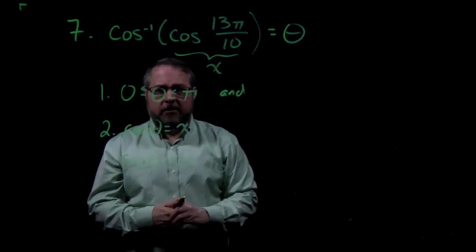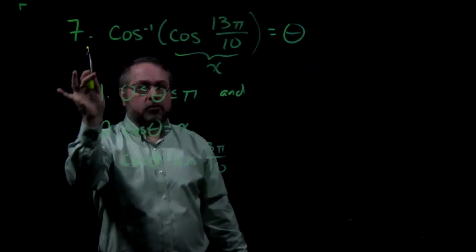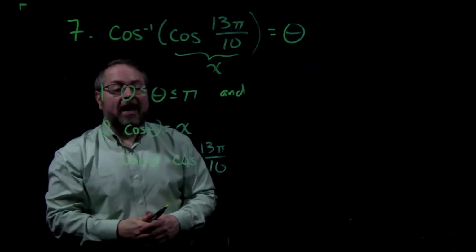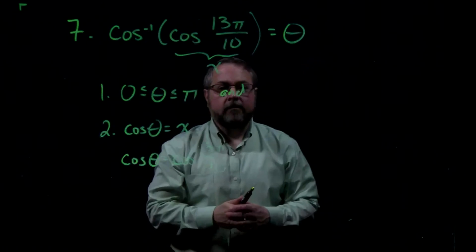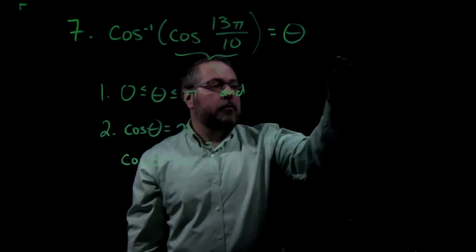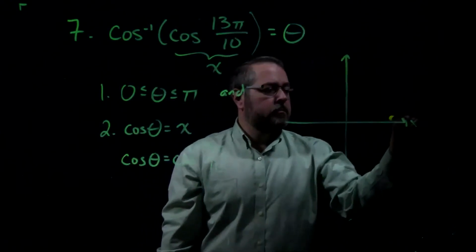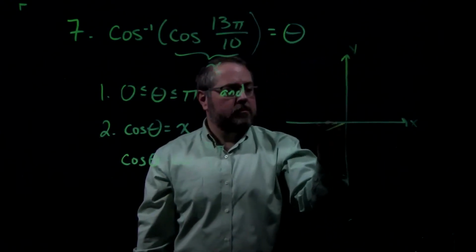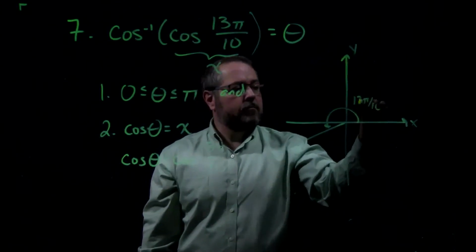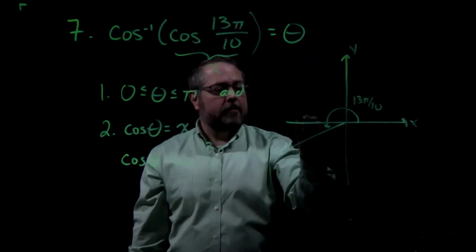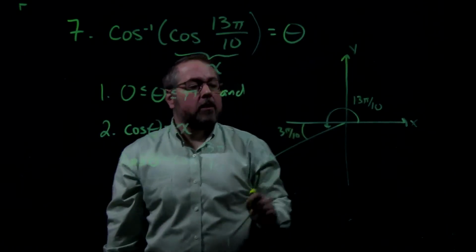So what this boils down to is finding the angle between 0 and pi, so a first or second quadrant angle, which has the same cosine value as 13 pi over 10. 13 pi over 10 is a third quadrant angle. It's going to be pi plus 3 pi over 10, so we have a reference angle of 3 pi over 10.